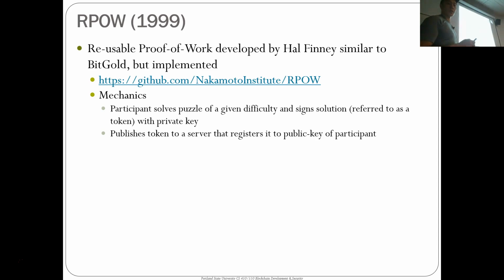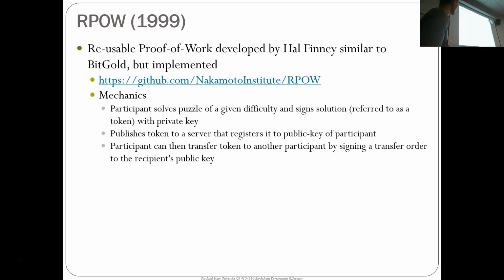The key thing with reusable is that now I can transfer this token to another participant by signing a transfer order with my private key, and I can say, I want to send this to a recipient, and I have the recipient's public key there. The server then registers the token.